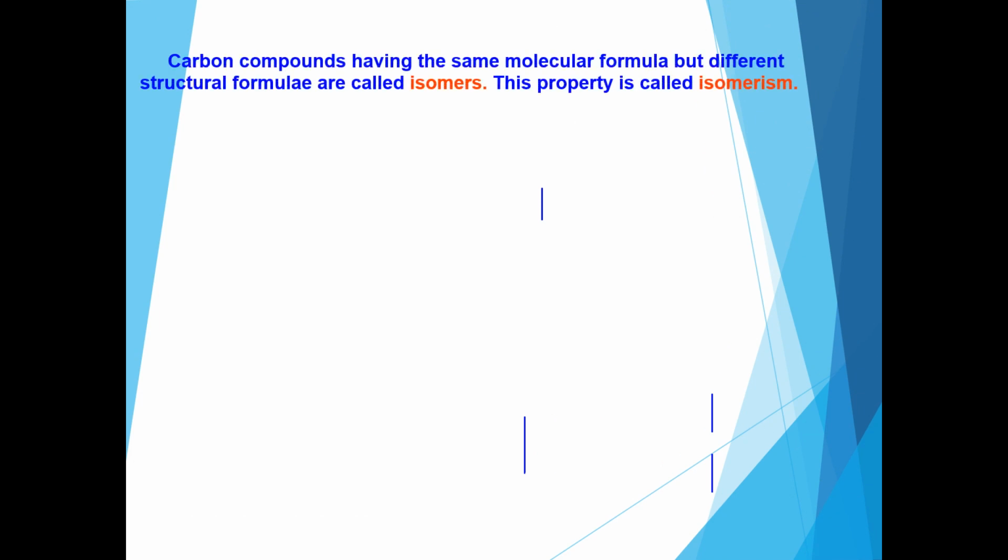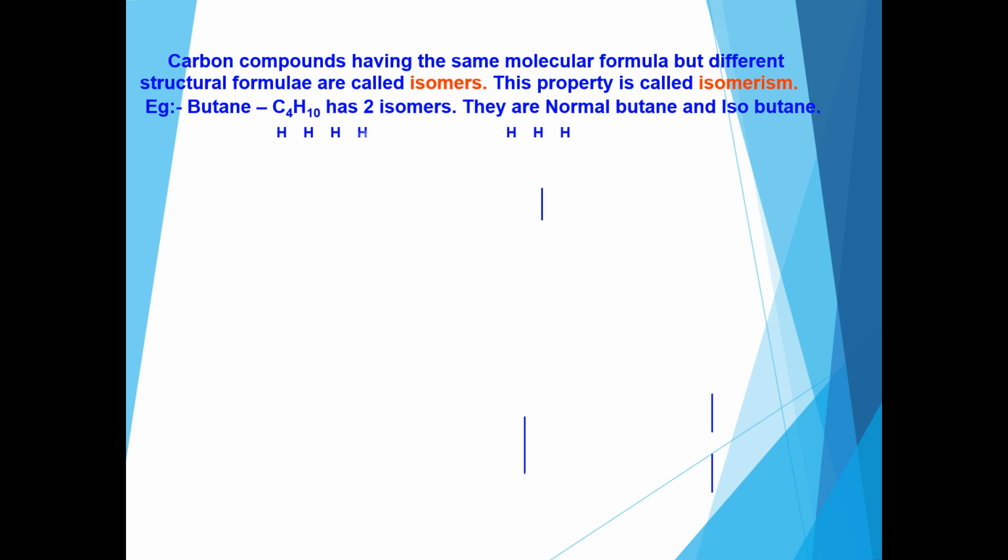Now let us move on to the next topic, isomerism. What is isomerism and what are isomers? Compounds of carbon having the same molecular formula but different structural formulas are known as isomers, and this property of carbon is known as isomerism.